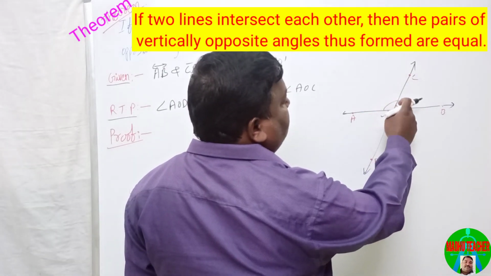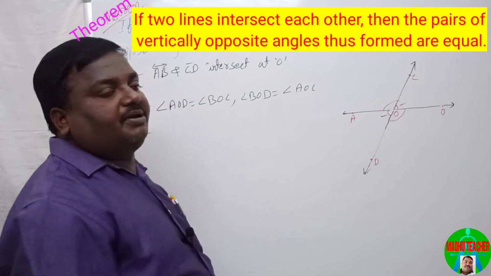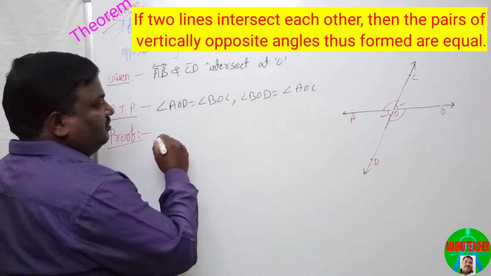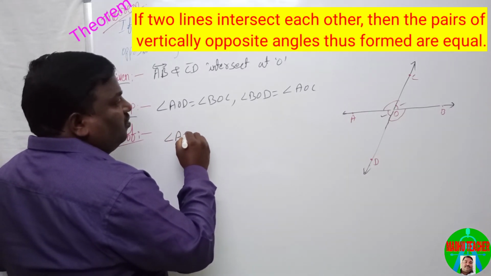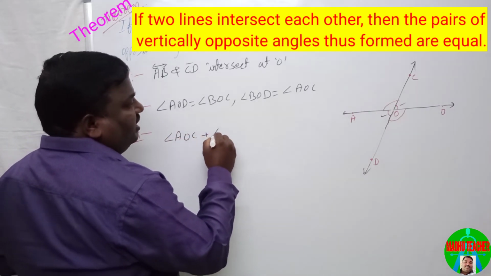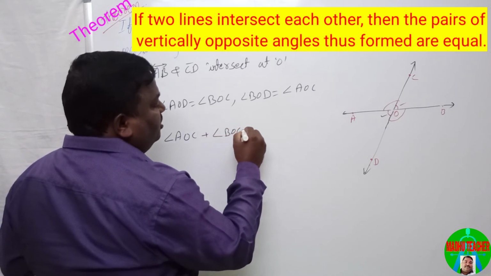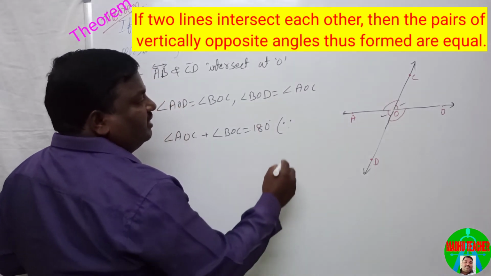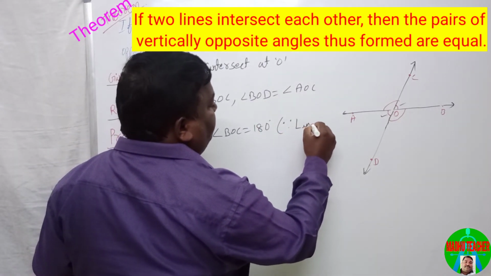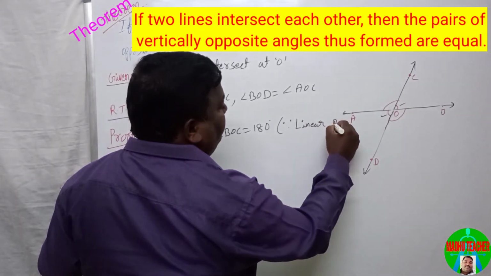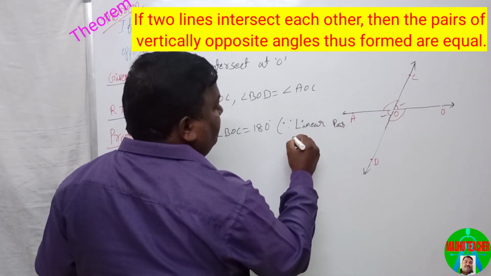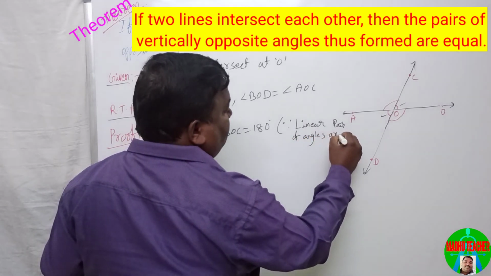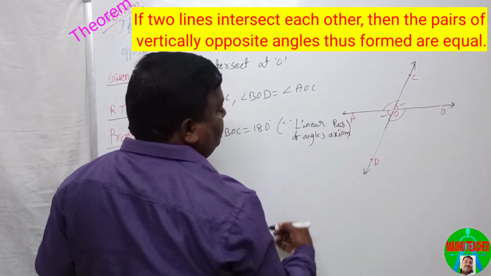Therefore, these two are supplementary by the linear pair of angles axiom. So angle AOC plus angle BOC equals 180 degrees, since the linear pair of angles axiom, which we learned before.